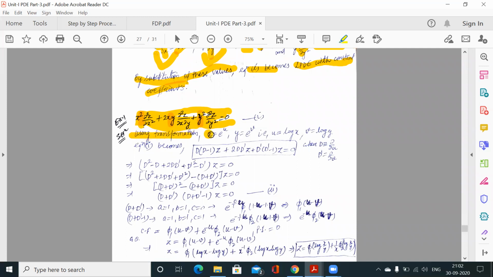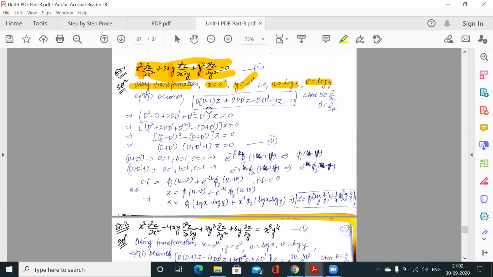To do that we use the transformation x = e^u, y = e^v, so that u = log x, v = log y, and we assume that ∂/∂u is D and ∂/∂v is D'. Now equation 1 becomes like this. Why?